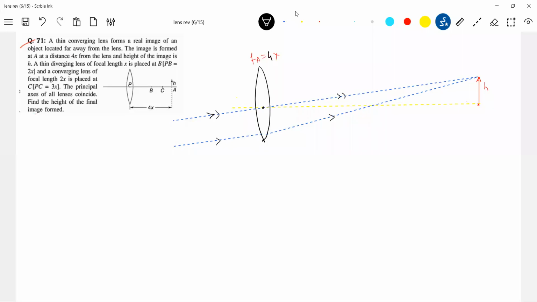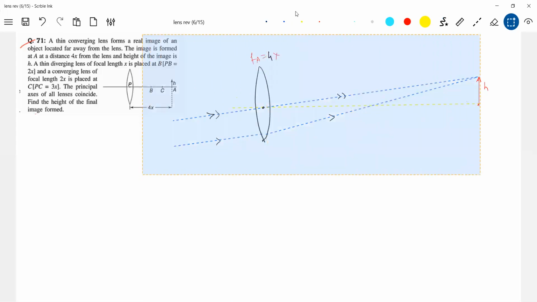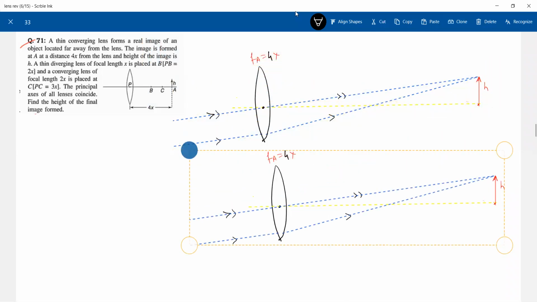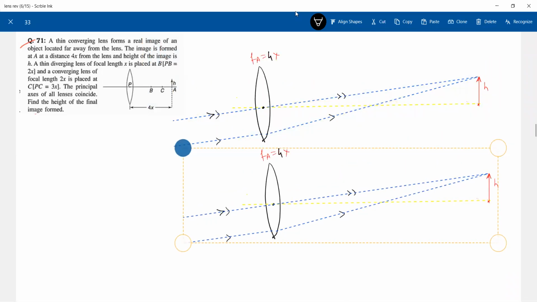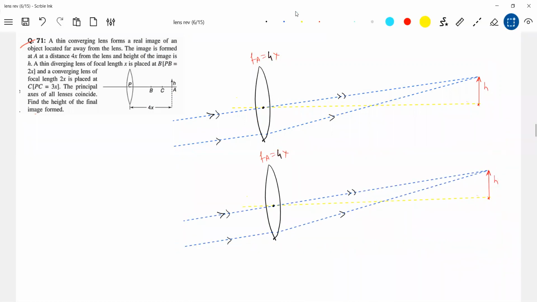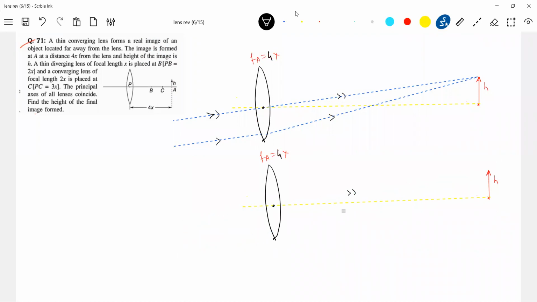Height of the image is h. A thin diverging lens of focal length x is placed at B, and a converging lens of focal length... Okay, there's a next lens.